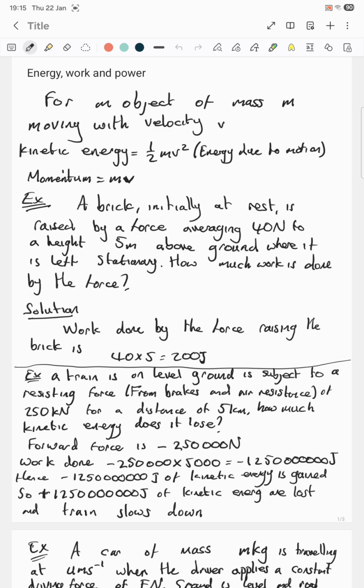So the work done is minus 250,000 newtons multiplied by 5,000 equals 1250 followed by 6 zeros joules, and hence that is the amount in joules of kinetic energy gained. So the positive of this is the amount of kinetic energy lost, so the train slows down.